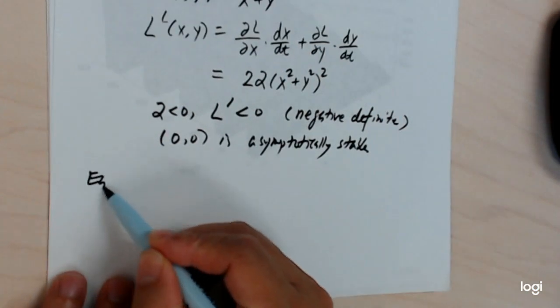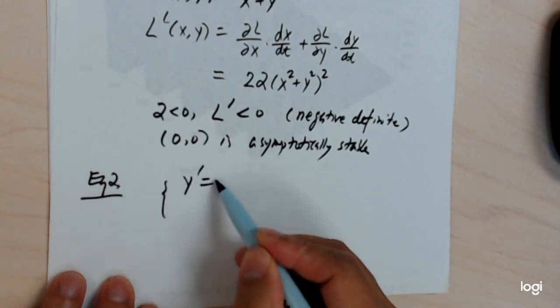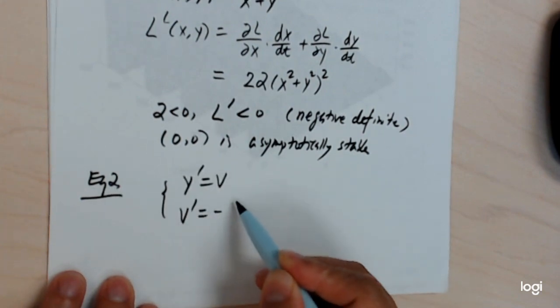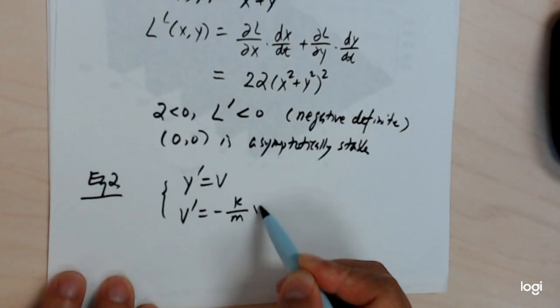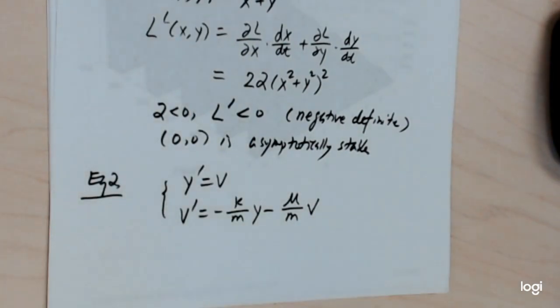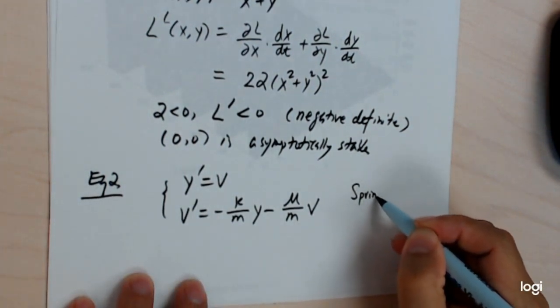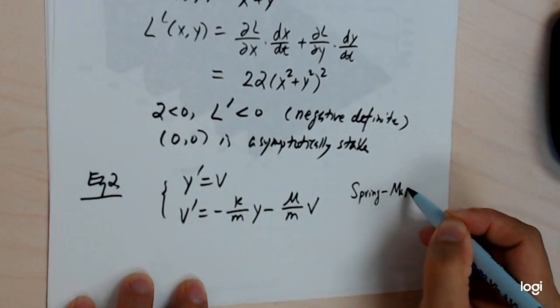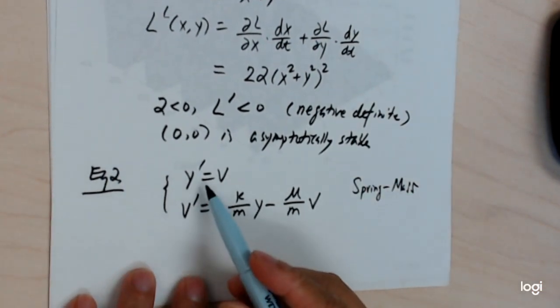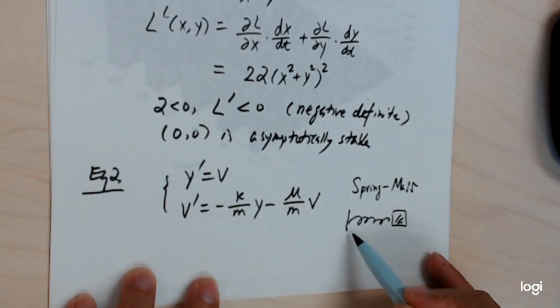Here's another example. Let's call this example number 2. Okay. Many of you can recall this is actually an example from what we call a spring-mass system, where y is the displacement, so you have a spring with a mass attached to the end.